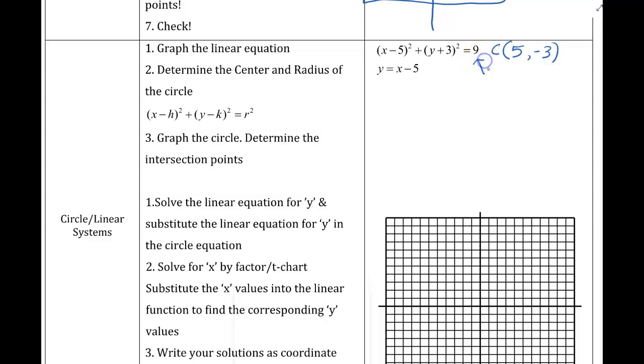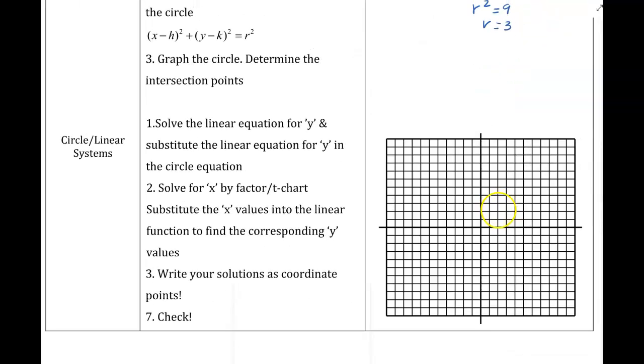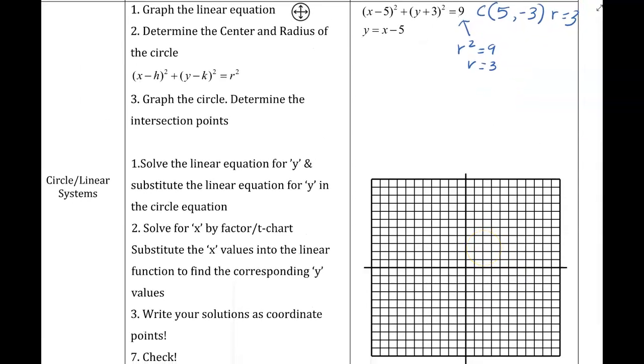This value here represents my radius squared. So if my radius squared is 9, I know that the radius itself is 3. So we have a radius of 3. Now I'm ready to graph that. When I graph that, starting with the center at 5, negative 3, plotting that, and then I'm going to go 3 in each direction.